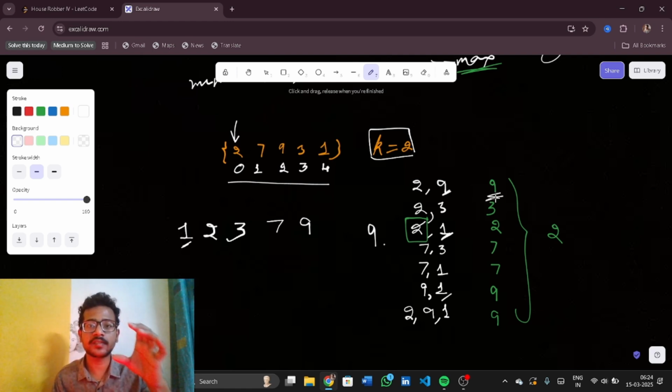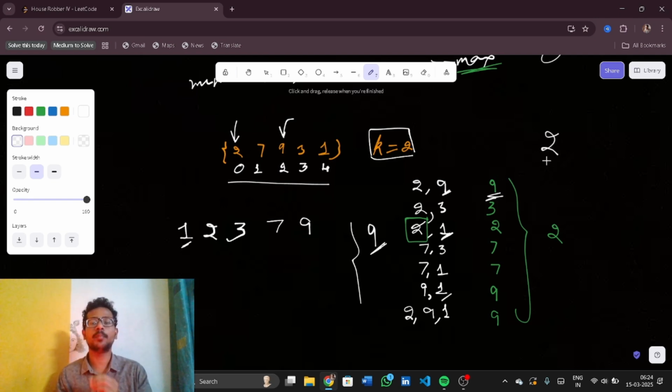When I say maximum, all the below houses should be minimum. So 2 is lesser than 9, so I'll take it. Now 9 is also in the set. So what is the count of houses that I robbed? It is 2. So 9 is a perfect thing that I can take, because it has at least 2 houses to be robbed.